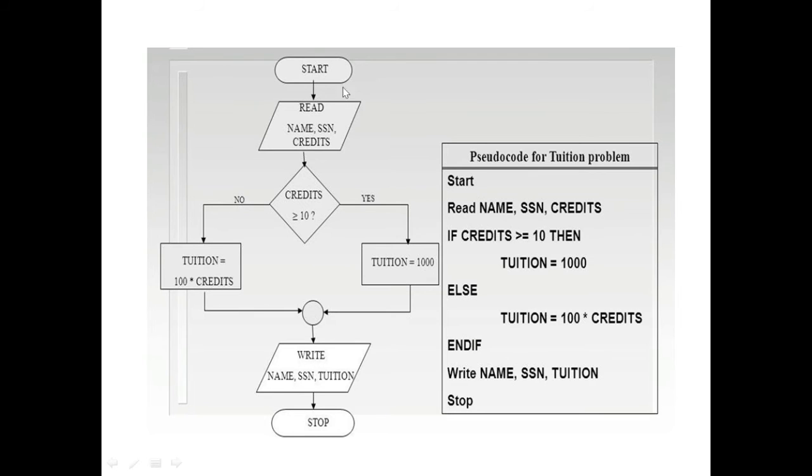So your algorithm must be in between these two oval shaped boxes. It is quite similar to the pseudocode: pseudocode always starts with the keyword START and ends with the keyword STOP.